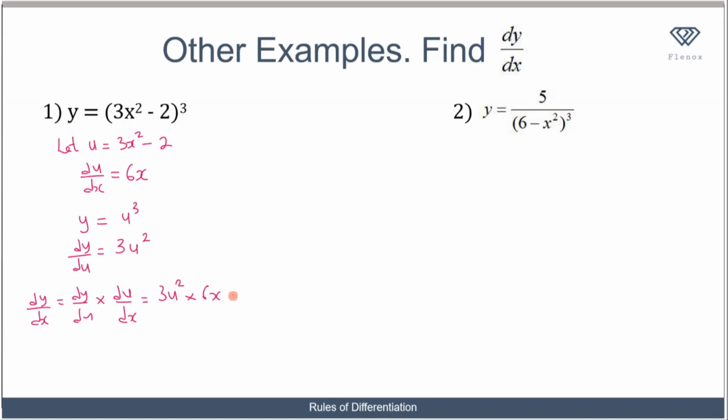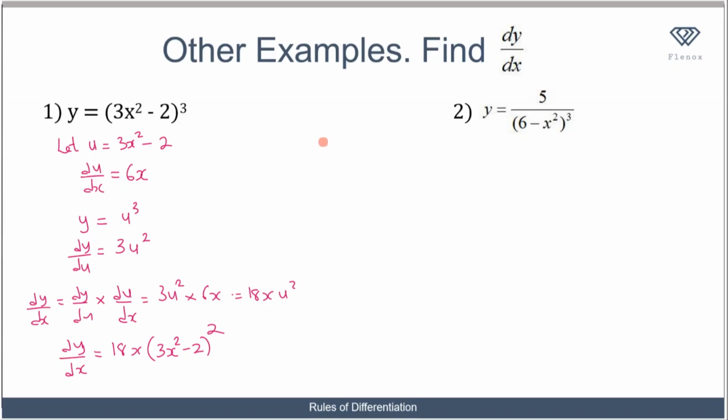So that becomes 18x times u squared. Now I can substitute back the value of u. So now that becomes 18x, and my u, we made it equal to 3x squared minus 2. Then since I'm finding u squared, I just square this also.